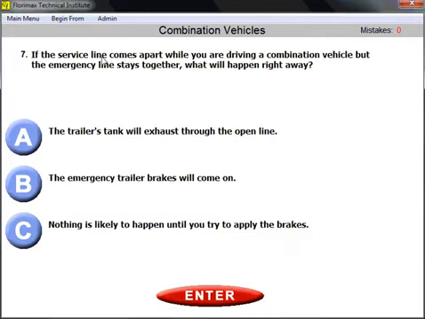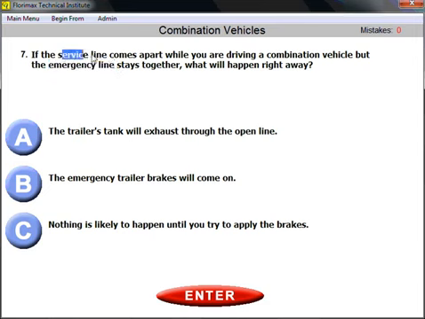Question number 7. If the service line comes apart while you are driving a combination vehicle, but the emergency line stays together, what will happen right away? You need to remember service line, the blue line, emergency line, red line. It's called emergency because it reacts to the emergency. When the pressure drops, something happens right away.